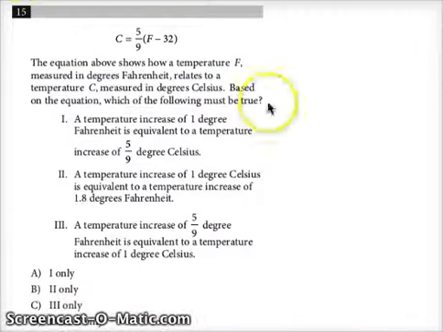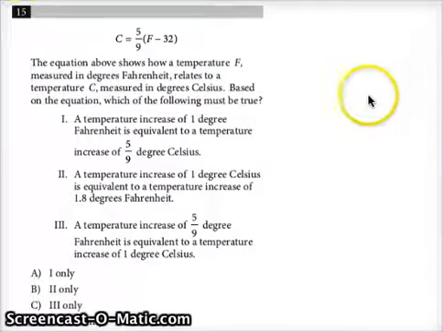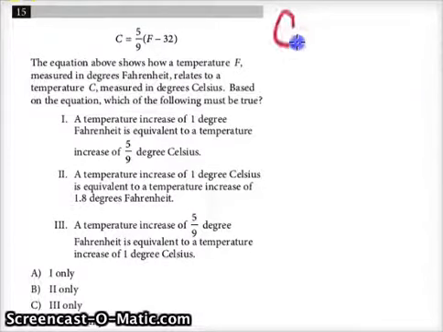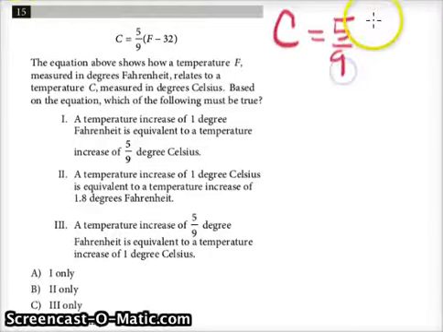Okay, this is one of these thinking problems. Here's the way I would approach this. It's really about that chemistry formula about temperature. Now let's do this.